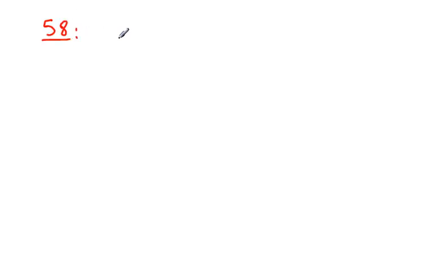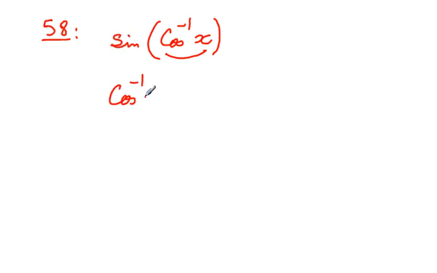58 is sine of cosine inverse of x. Let's analyze this. Suppose this is some angle. Cosine inverse of x is some angle. What does that mean?